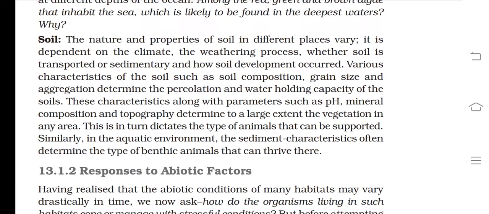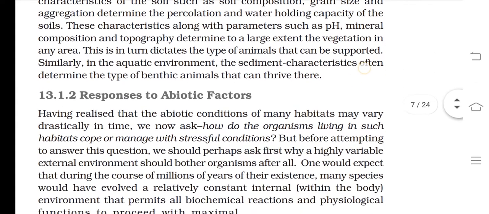Then we can say that some parameters like water holding capacity, pH, mineral composition, topography. Okay, because of the soil structure, its vegetation will be decided, and from vegetation the type of animals will be decided. And in the last two sentences we have talked about what? You know the benthic organisms or the benthic animals.